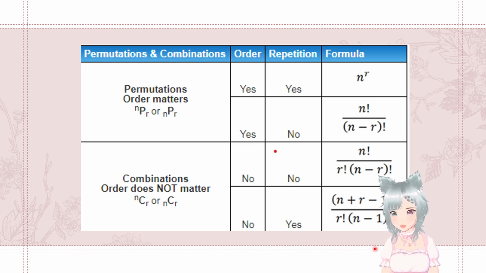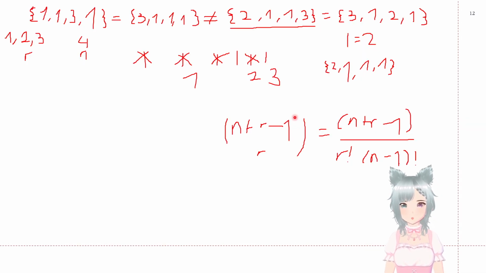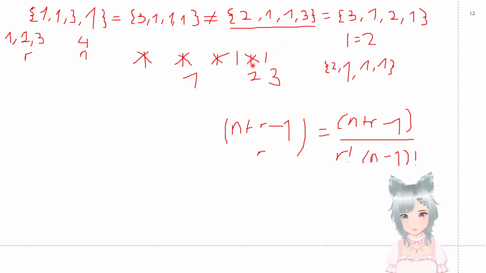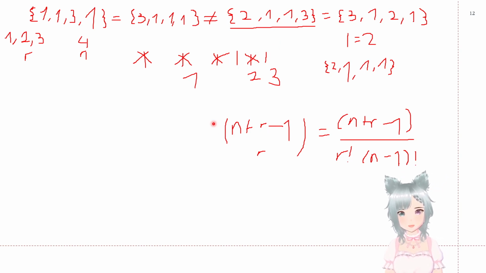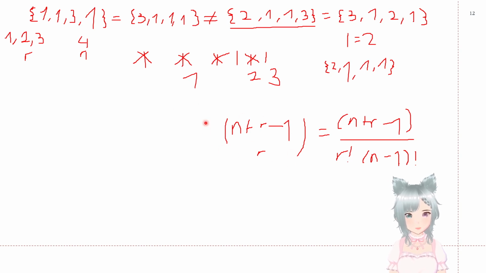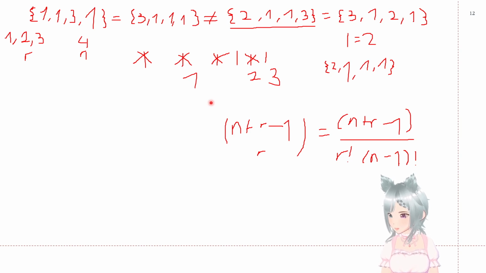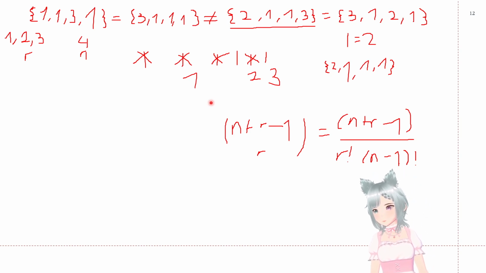So what I want you to understand from this is not really to jump from this to this, because once you wrap your head around it, it kind of makes sense.